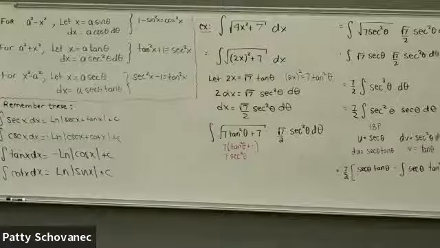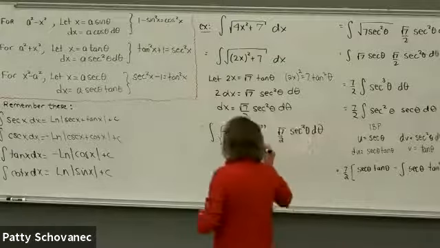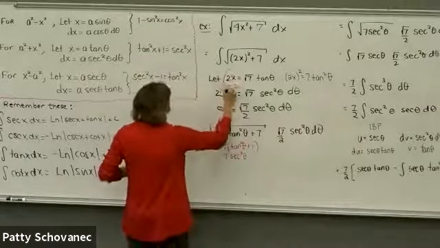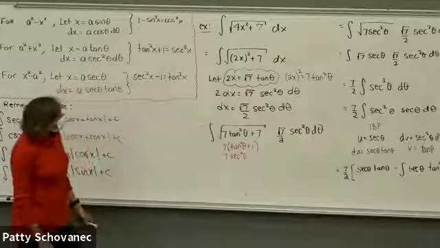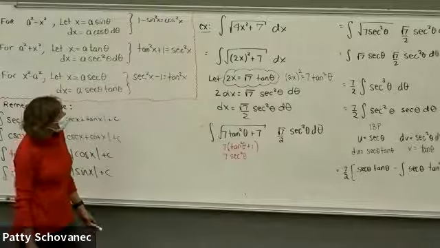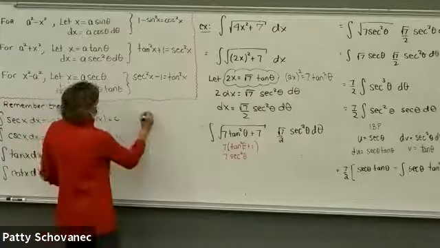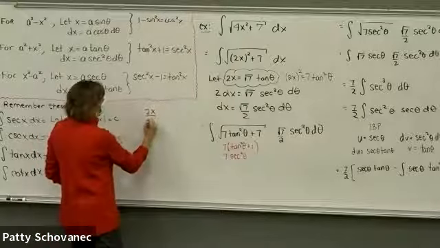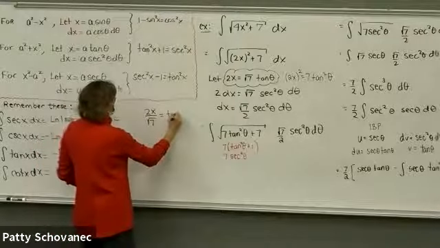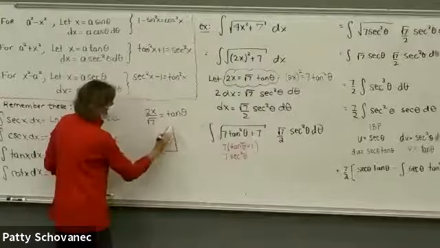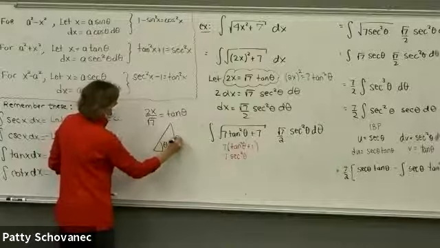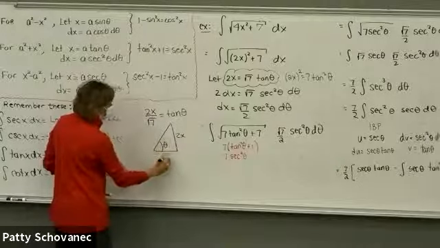Now let's do that step to get everything back in terms of x. That comes from the original step, from here. 2x divided by the square root of 7 is equal to the tangent of theta. So in picture form, 2x is here, the square root of 7 is there.